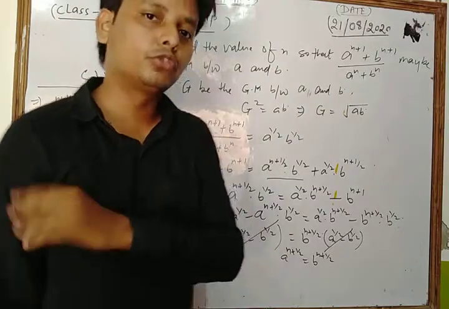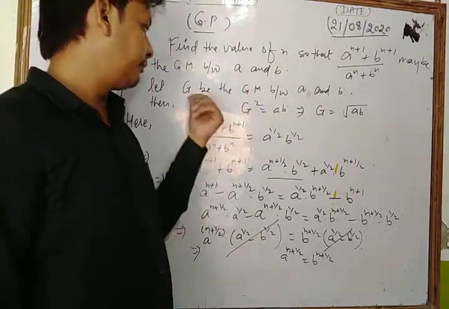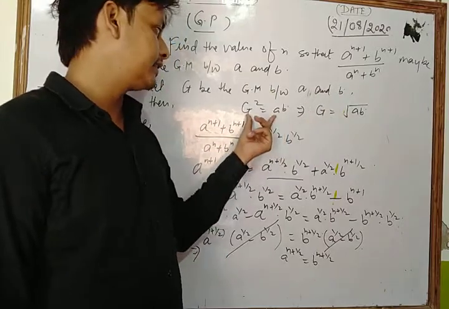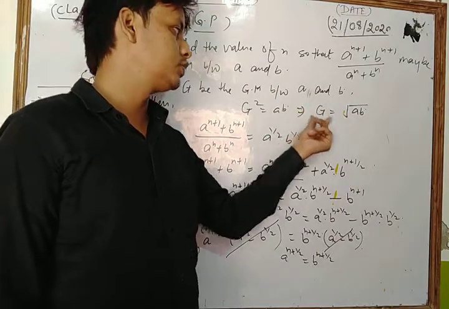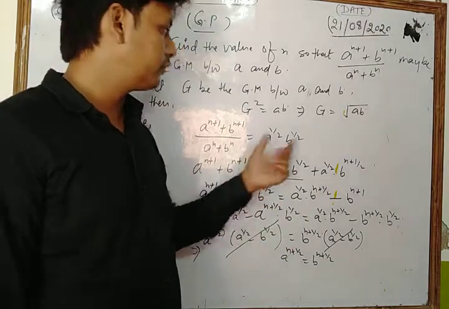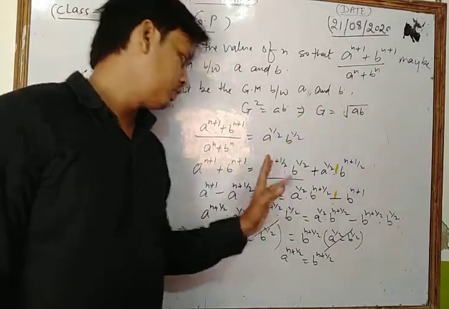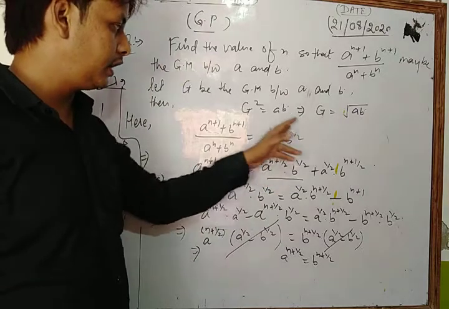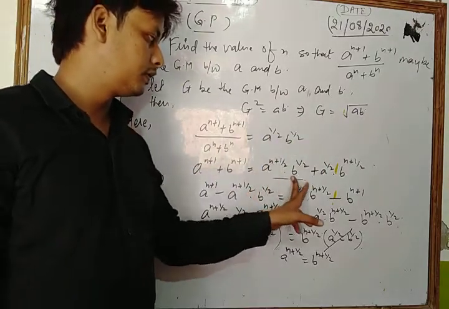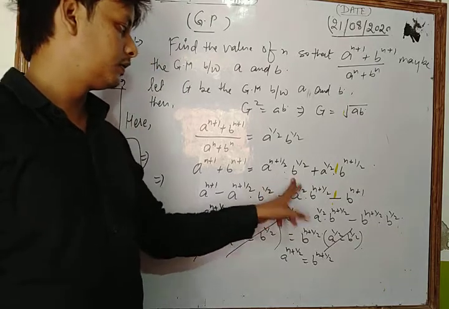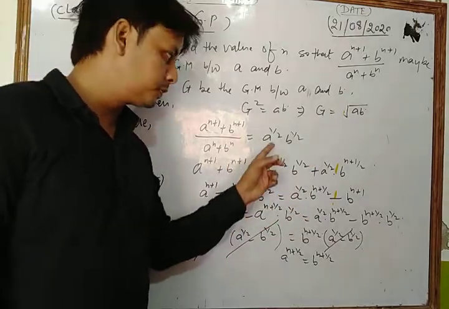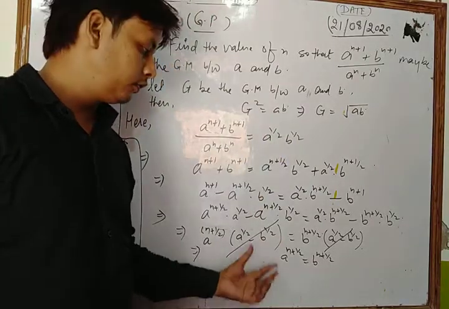So in that type of question, first of all we take G as the geometric mean between A and B. After that you write G square is equal to AB, that is G is equal to under root AB. Now we put the value of G in this condition, and after solving by cross multiplication we get a relation.